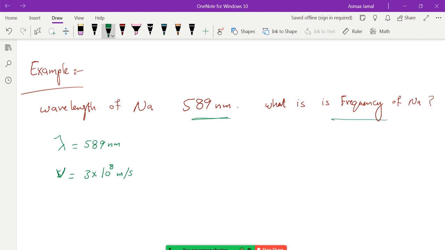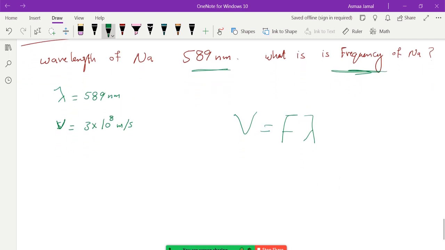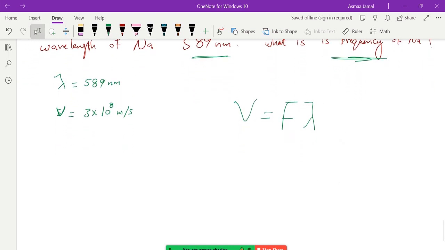And we need the frequency. We said velocity equals F, the frequency, multiplied by lambda, the wavelength, which means F equals velocity over the wavelength.